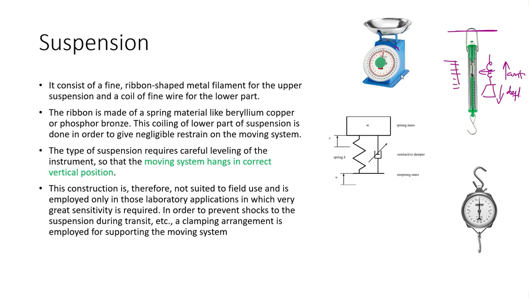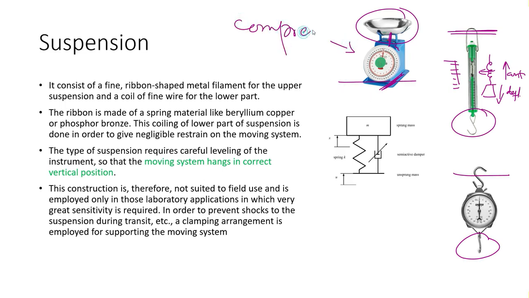So here one side is suspended, the other is free to move. This type of instrument is known as compressional suspension, and these are expansional suspension, expansional and compressional, because in this instrument the air column or the fluid column would be compressed.